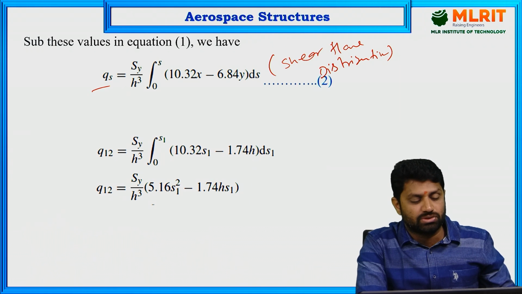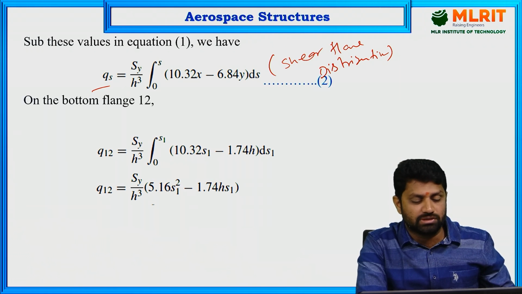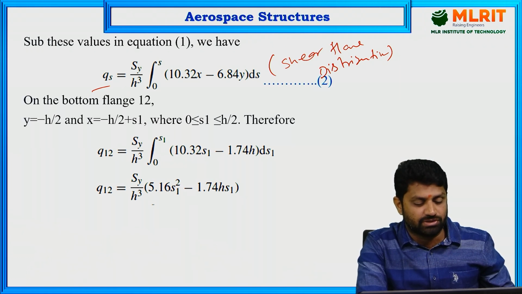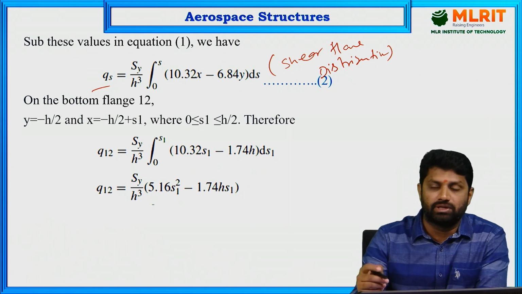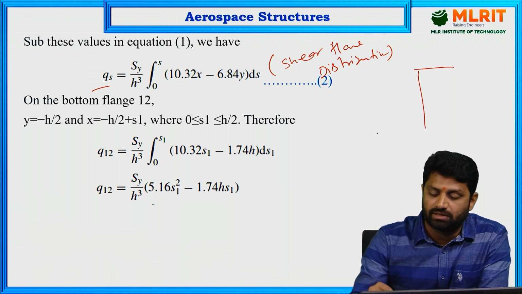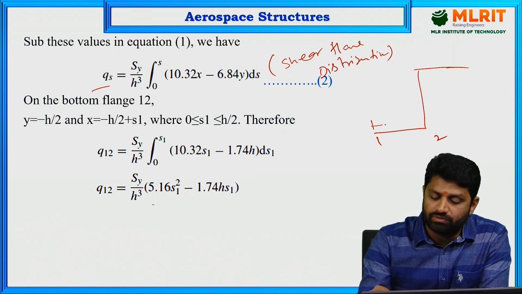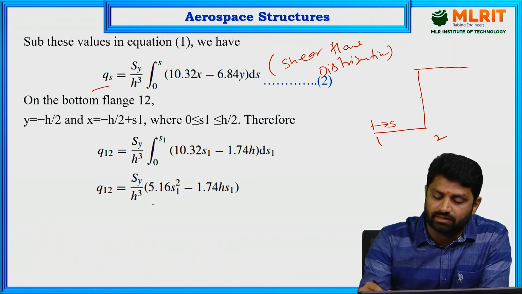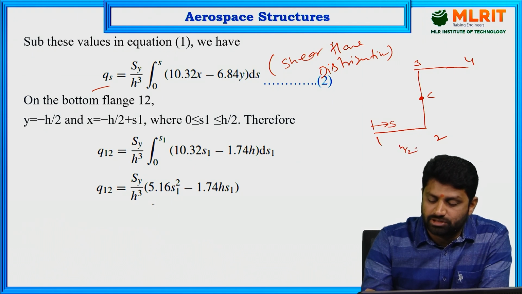Okay. So to do that, what you are going to do is, first you are going to find out the bottom flange. What you are going to do here is very important to understand. First you are writing for 1 2, okay, and you have to consider the distribution as s here. Very important to understand this. So first, this is h by 2 length. Okay.